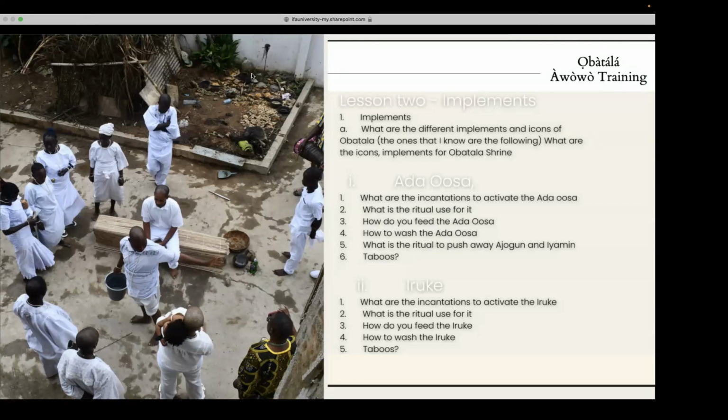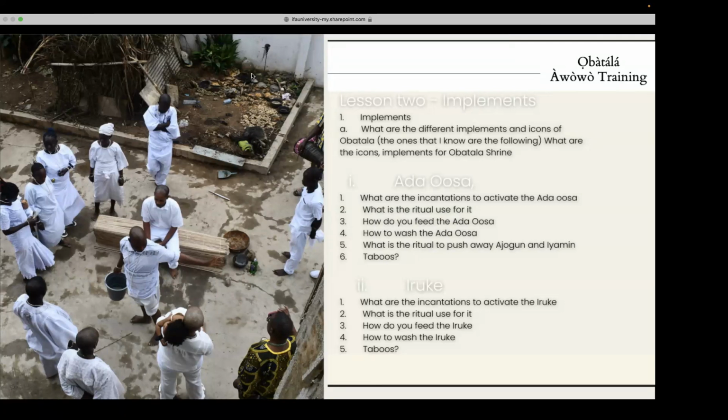As we are ringing it, there are some spirits which will be coming around. That is why most times you see some women or men go into trance. The aja is bringing the spirit closer, and also the chanting. While they are chanting and making this sound, it brings the spirit around.